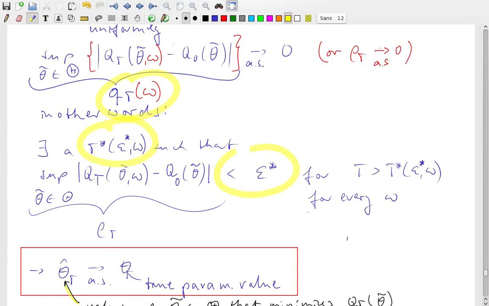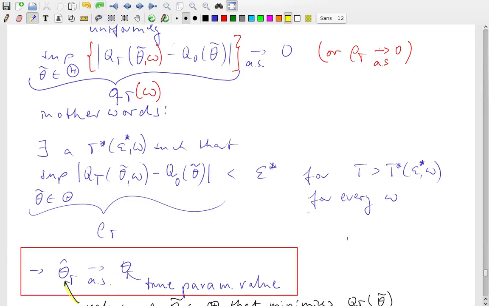And if this holds true, then after the cutoff point, so when the sample size is bigger than t star, the sequence of suprema has a value less than epsilon star. So we say that qt has converged to q0 in a uniform sense. That's the definition of almost sure convergence uniformly.